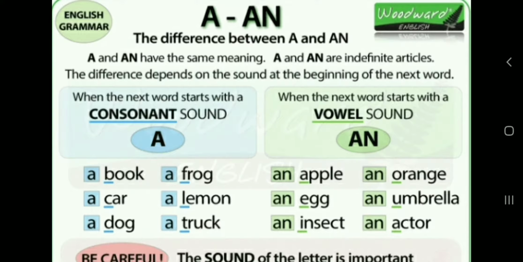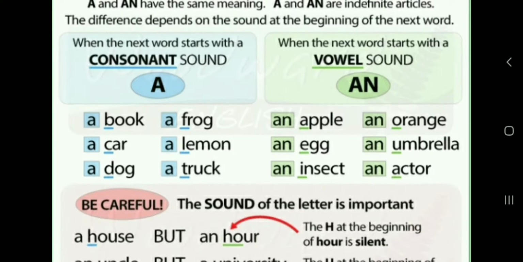For example, you can see here, book. A B sound is not considered a vowel, so before that we write a. Frog, also F. We don't use an here, because it is not a vowel. Car, lemon, dog, trunk.